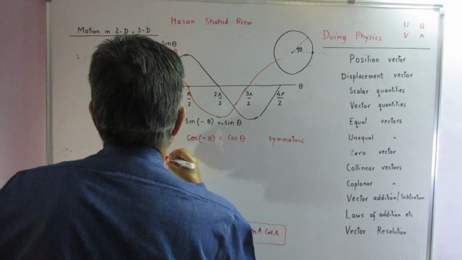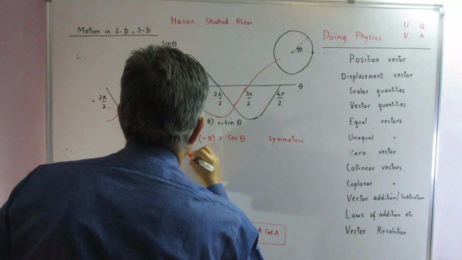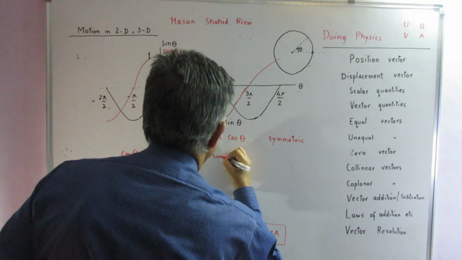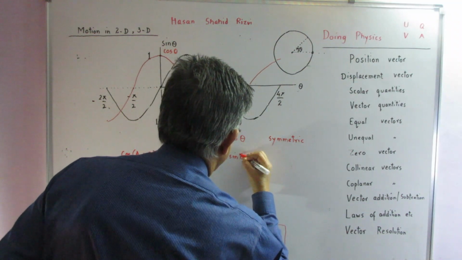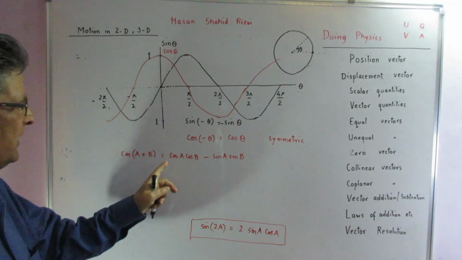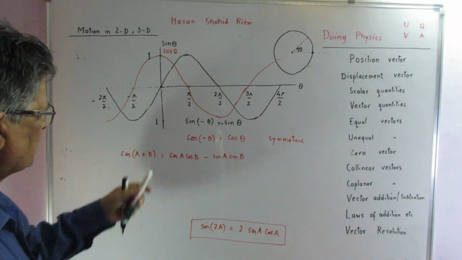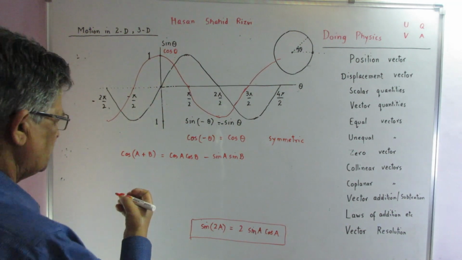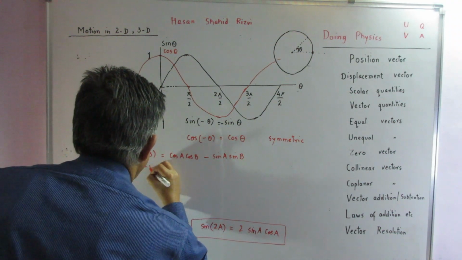Cos of A plus B is equal to cos A cos B minus sine A sine B. So the reminder that should go to our brains is that in the case of sine of A plus B, here there is a plus sign, but in the case of cos A plus B, here there is a minus sign, and I can write cos A minus B here for A minus B.